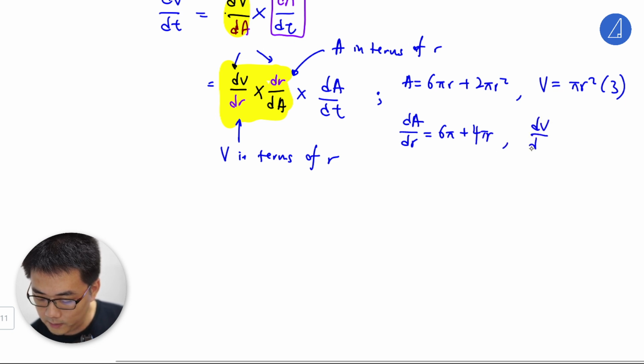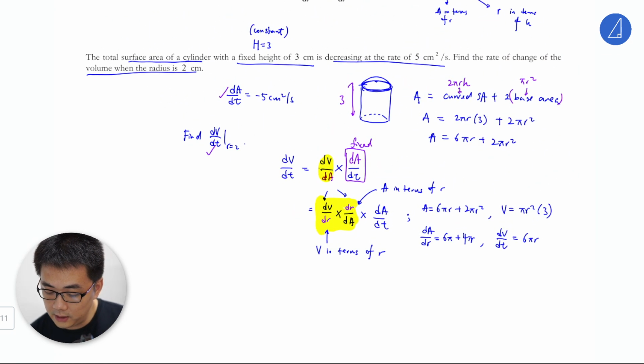Then dV/dr is 6 pi r. You are given dA/dt, so you shouldn't use r here. You should put the dA first, then split it up again.